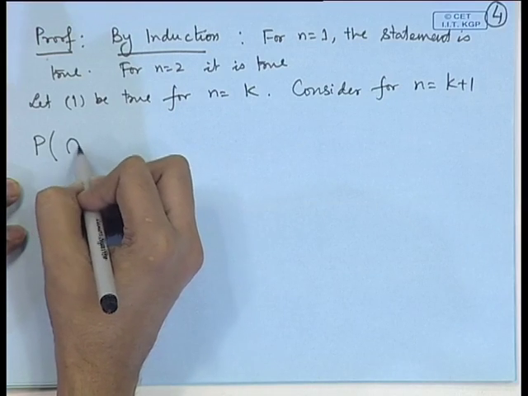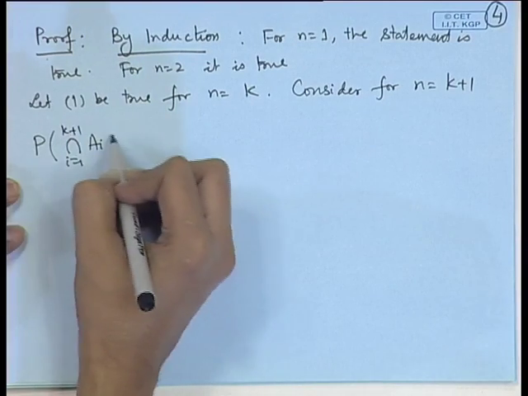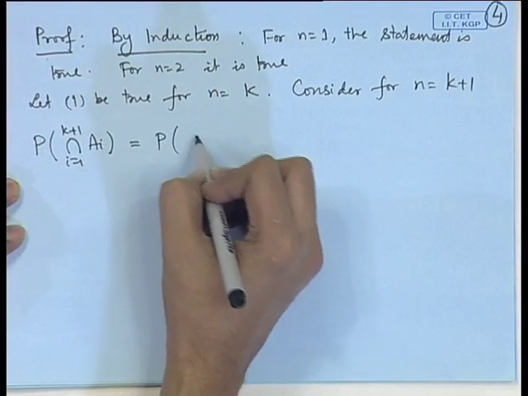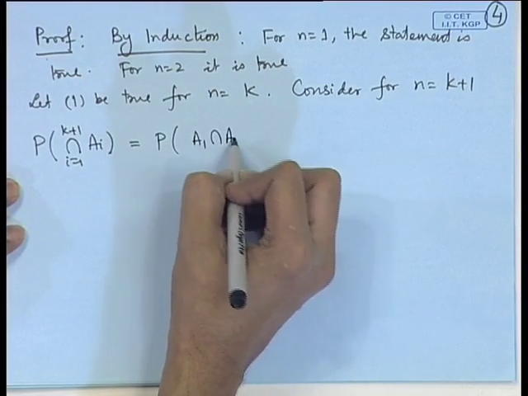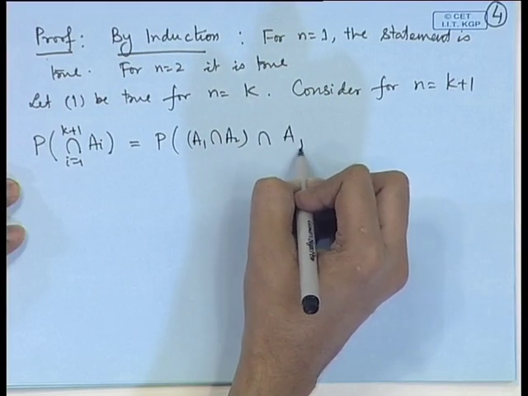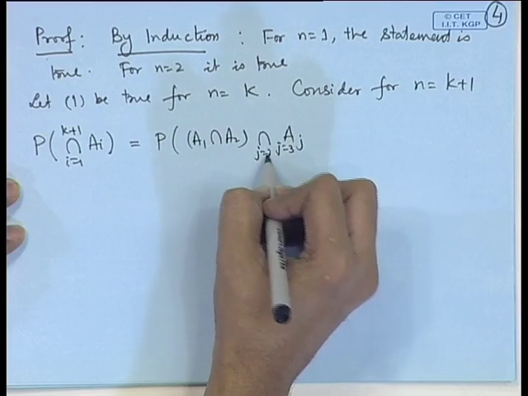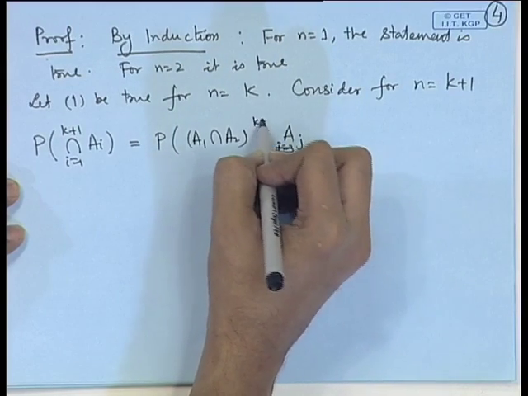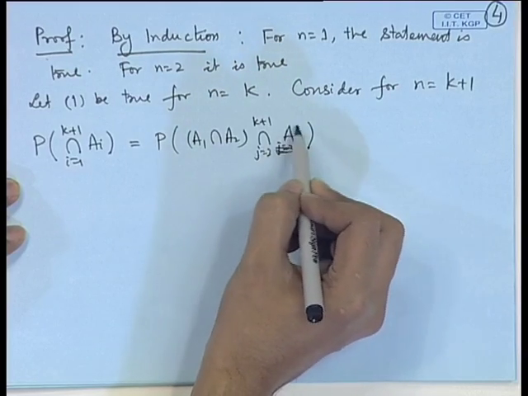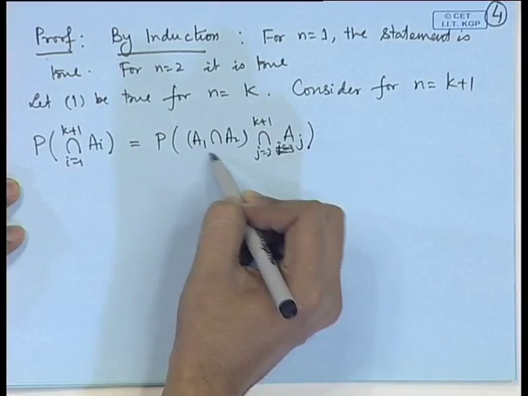So, probability of intersection A_i, i equal to 1 to k plus 1. Now, this one we can express as probability of A1 intersection A2 intersection A_j, say j is equal to 3 to k plus 1. Here, in the intersection, these are k minus 1 sets and this is 1 set.